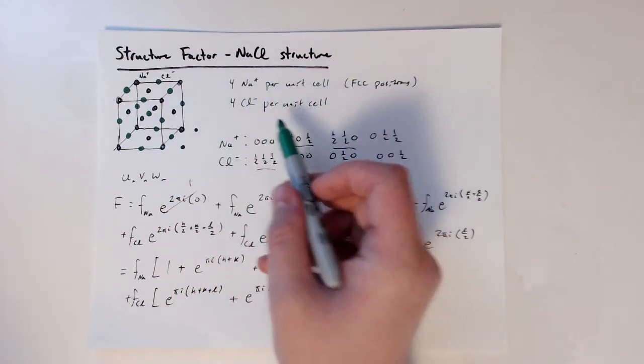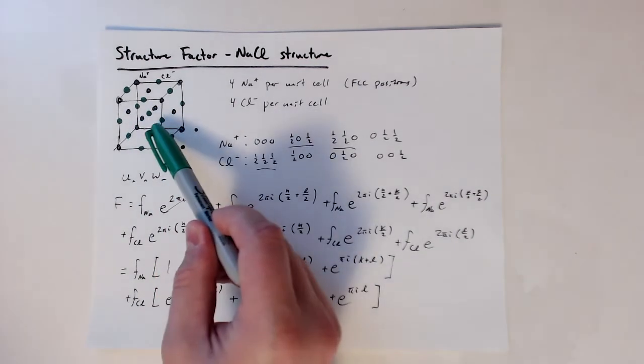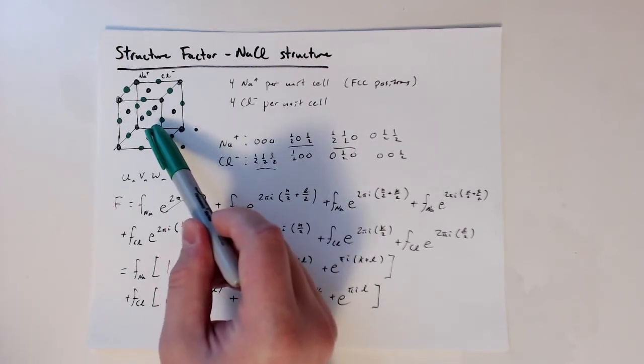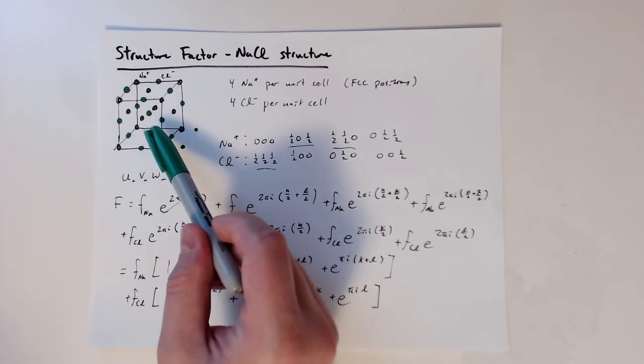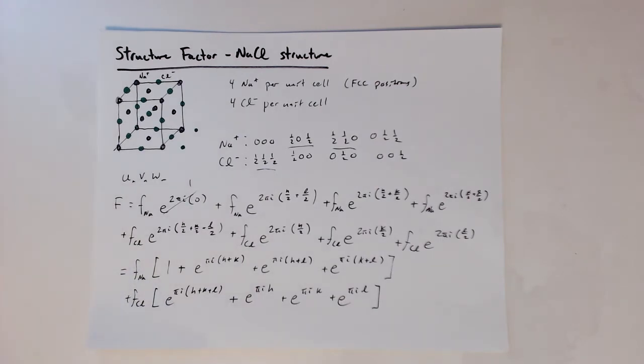So chlorine is also in an FCC arrangement. It's just offset by one of those translation vectors, right? And so we can offset that basically. For example, if we shift the chlorine position over by 0, 1/2, 0. That's a translation vector for those two.